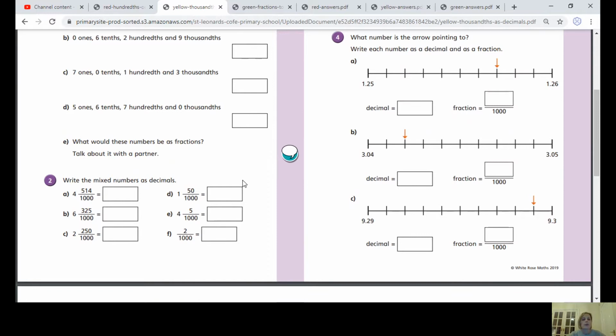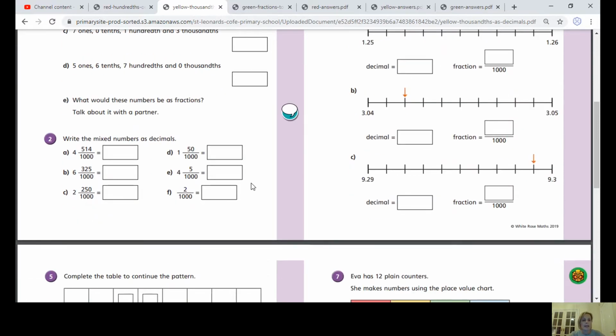Right, question 2. This one looks quite tricky, but believe me, it isn't. So writing this as a decimal, let's look at A here, 4 and 514 thousandths. Okay, so write down your place value chart, have a ones column, tenths, hundredths, and thousandths. Okay, then I want you to write your 4 in your ones column because we know we've got 4 whole ones.